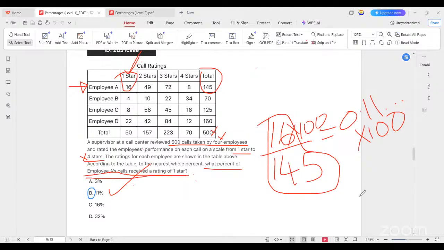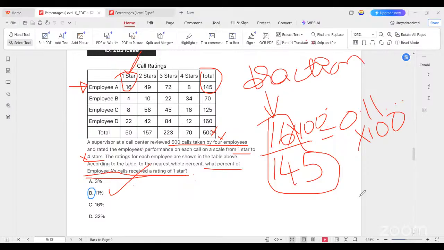Suppose it is 72 and a half out of 145, what is the percent? 50%, half of them. And this we will get as a fraction, and converting to percent is multiplying by 100. That's what we discussed in the previous session.